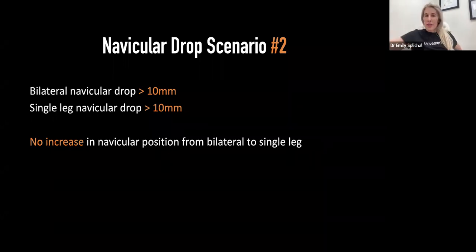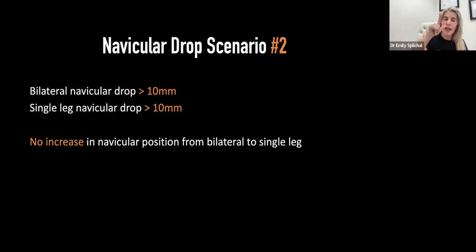Now, let's consider another scenario, okay? Measure the open chain, and then they stand on 2 feet and it drops 10 millimeters, and you say, okay, stand on just your right leg. I know it dropped 10 millimeters, but stand on the right leg. Let's see what happens when you become active. It didn't move a millimeter. It stayed 10 millimeters down.